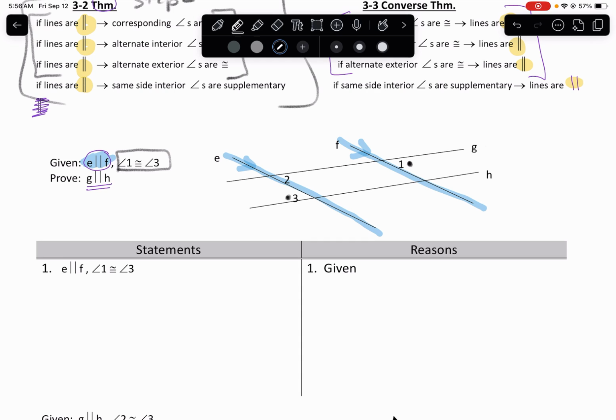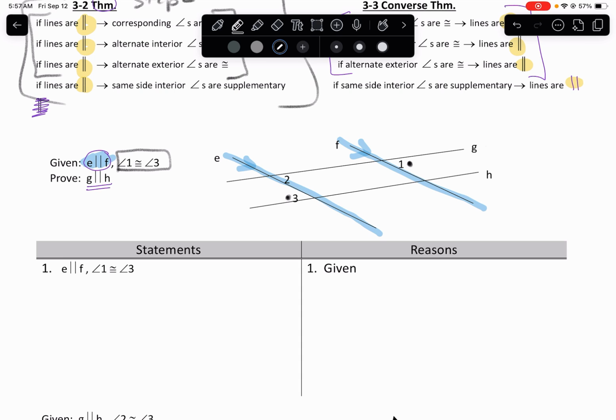You can see how angle 1 and angle 3 are not formed by the same 2 lines cut by one transversal. You'll see that angle 1 is formed by line G and line F, and angle 3 is formed by line E and line H. And so because of that, we don't have a good way to use those because there's not a transversal that they share.